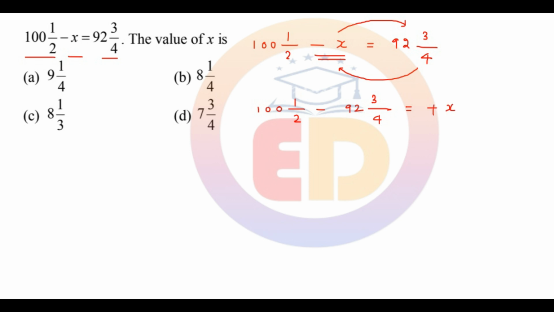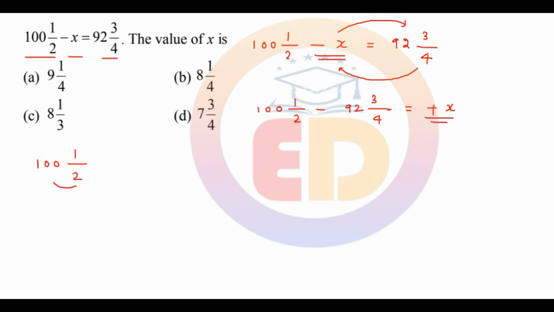And remember, our answer x should always be positive. You should not get the value of x in negative. It will not be correct. You have to change the sign again. So you have to always move minus x from left to right so that it becomes plus x. Now let us solve. 100 whole 1 upon 2.